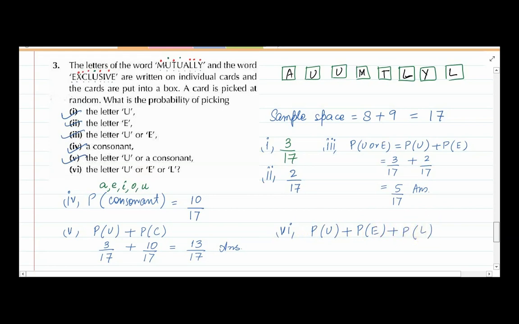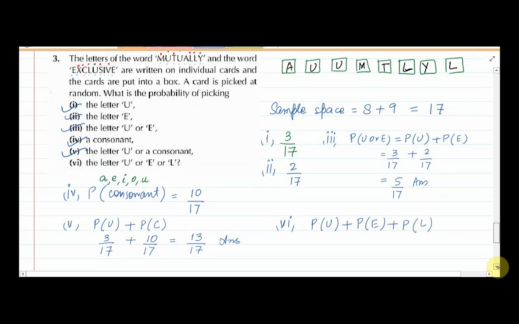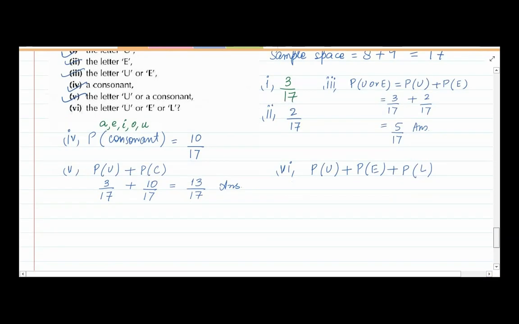So you need to add them. Probability of U, that means first part answer, it's 3 divided by 17. Probability of E, that means second part answer, it's 2 divided by 17 plus probability of L.